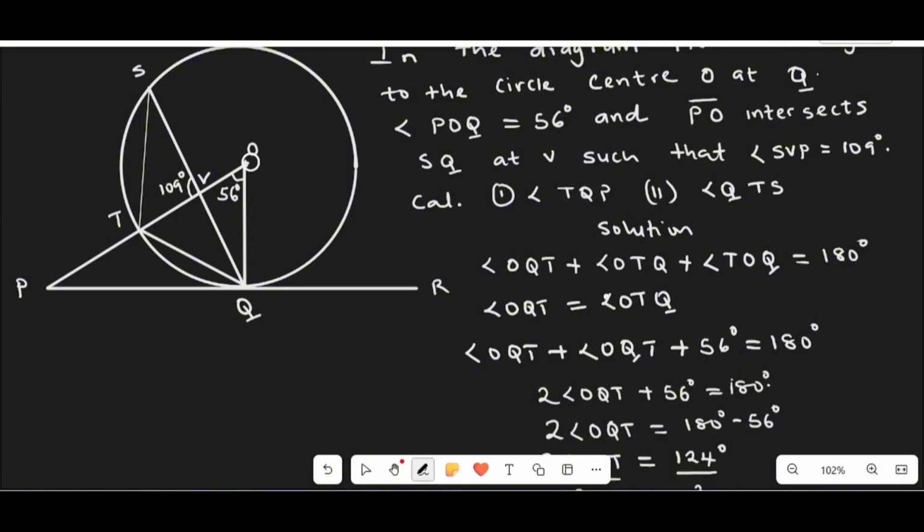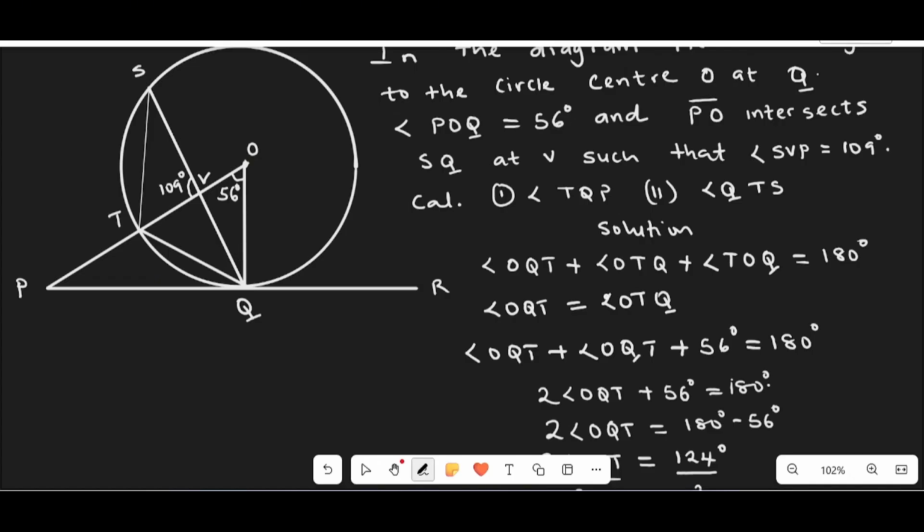Angle OQP is 90 degrees because the angle between a tangent and a radius of a circle is equal to 90 degrees.